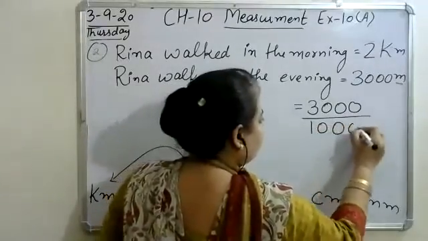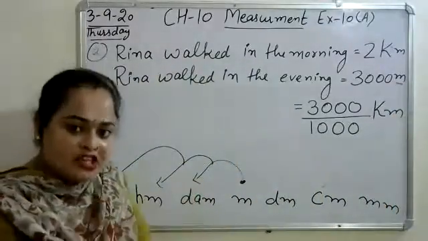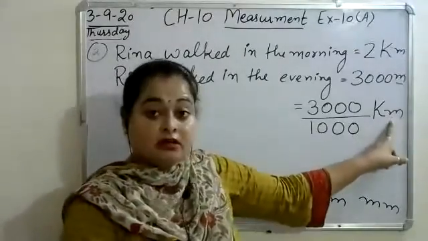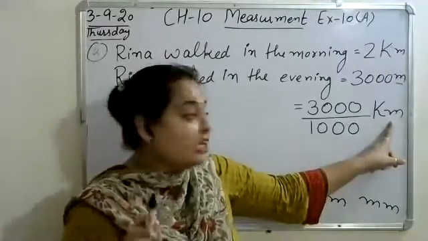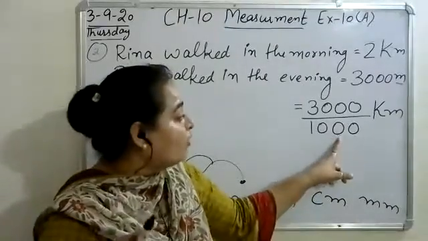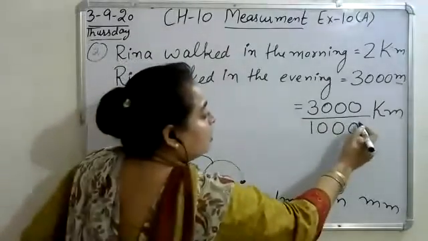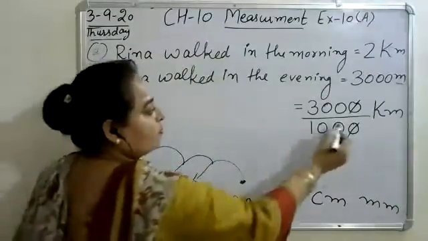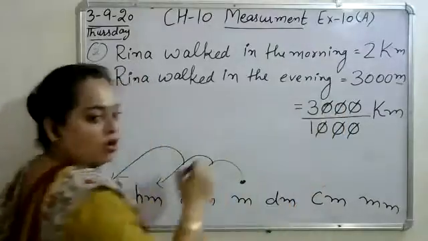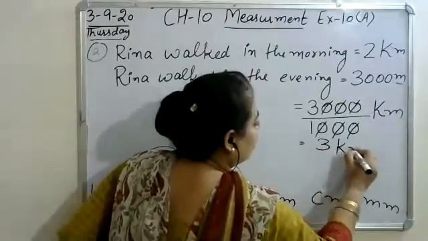After division, you will not write meter here. Listen to me very carefully. Now you will write kilometer. So 0 cut, 0 cut, 0 cut. So this is equal to 3 kilometer.